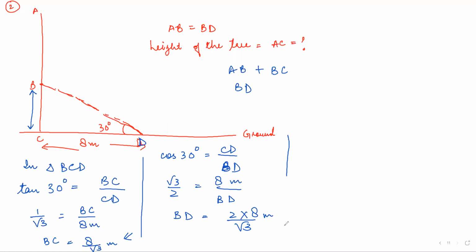Same thing you will get with sine also. If you don't want to use cos, if you want to use sine, let me just show you. So sine 60 is perpendicular upon hypotenuse. That means BC by BD, clear? So if you use BC, which you have already found, that is 8 by under root 3 into BD. And sine 30 is half.